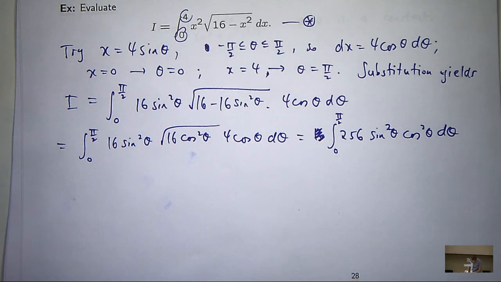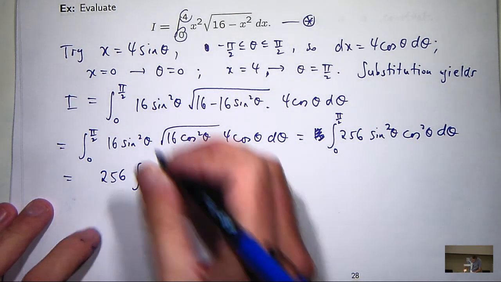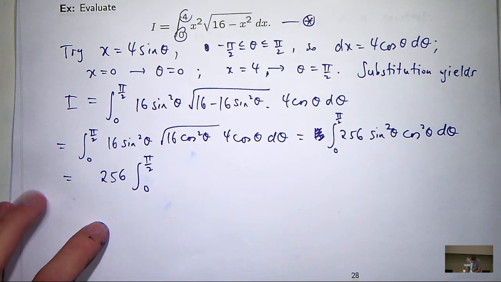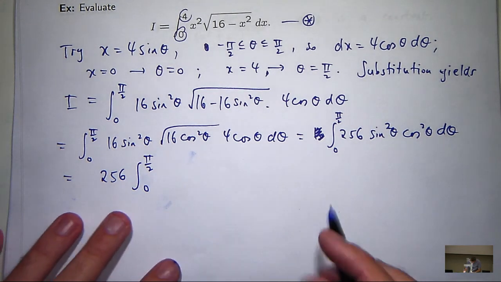Okay, so now what? Now I've got one of those examples that we kind of looked at in the last lecture. What I'm going to do here is use double angle formulas. So I'm going to combine that sine and cosine into the following.